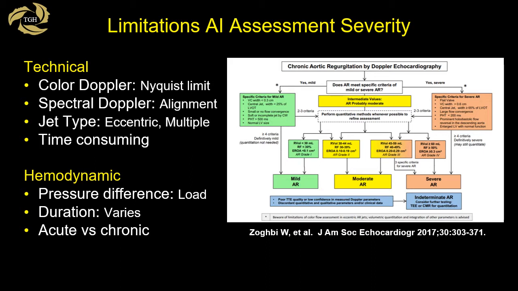There is a difference in hemodynamic consequences of acute and chronic AI. The final grading can be quite complicated with the presence of concordant and some discordant information. But who really has the time for all of this in the operating room?